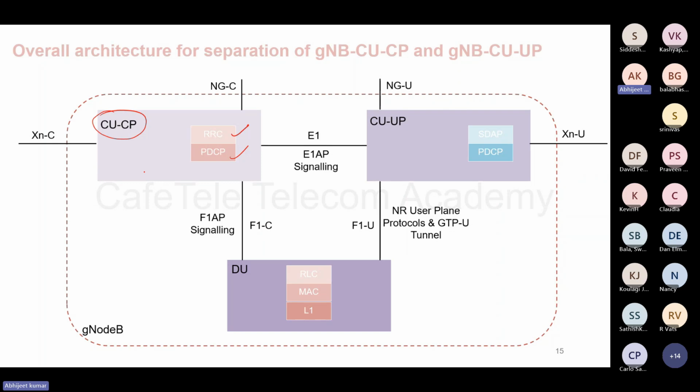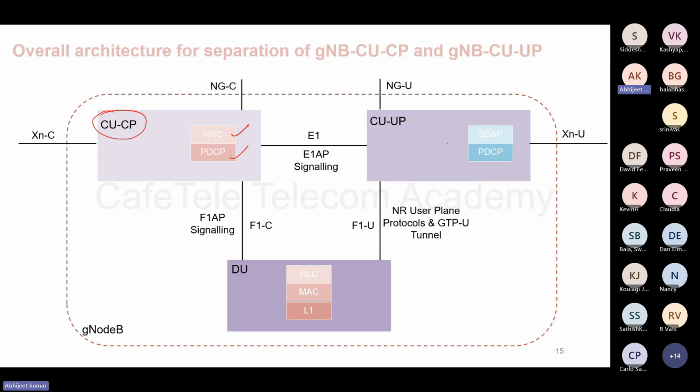PDCP handles tasks like encryption, sequence numbering and integrity protection. In the control plane we cannot perform header compression, because control plane data doesn't have any header. They just have information that they transmit directly, bypassing.